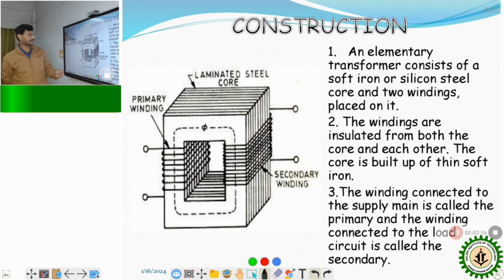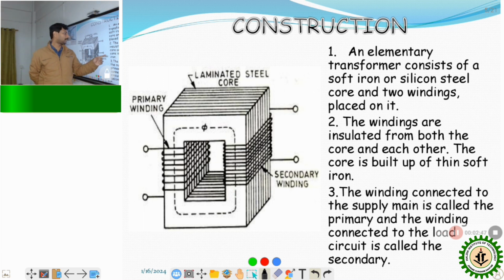Now, construction of transformer. As you can see, here we have laminated core, and on either side there are two windings. This is called the primary winding. This is called the secondary winding. An elementary transformer consists of soft iron or silicon steel core and two windings placed on it. As you can see from the figure, the windings are insulated from both the core and each other by thin insulation materials.